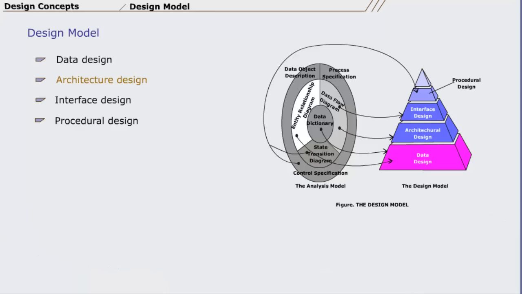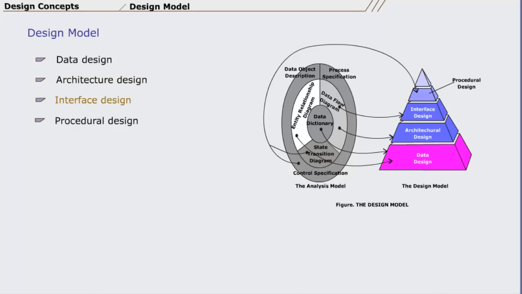A modular framework of a computer program can be derived from analysis models and the interaction between subsystems defined within the analysis model. During architecture design, generally subsystems are identified and a framework for subsystem control and communication is established.